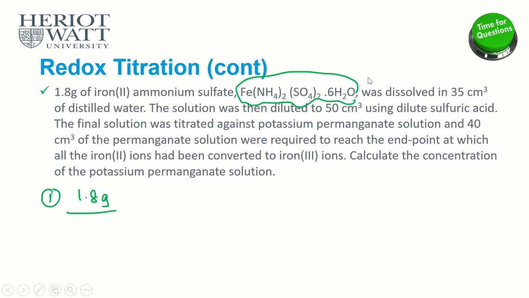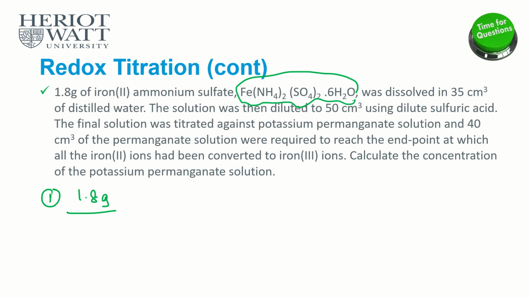I'm calculating the molar mass. 55.8 plus ammonium, 2 ammonium, so what is that? 14 plus 4, 28. 28 times 2, 56. So plus 56, plus sulfur, 32, plus 32 again because times 2.